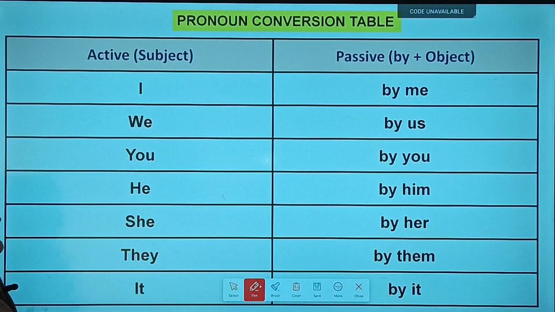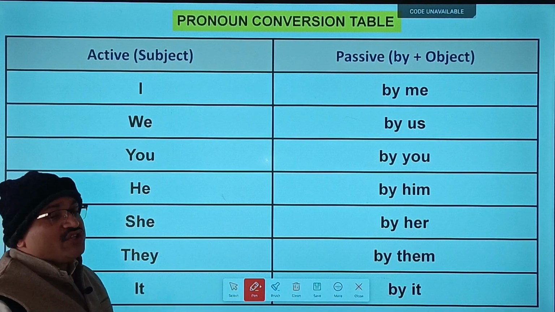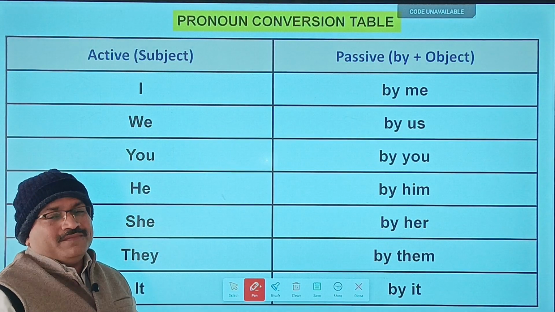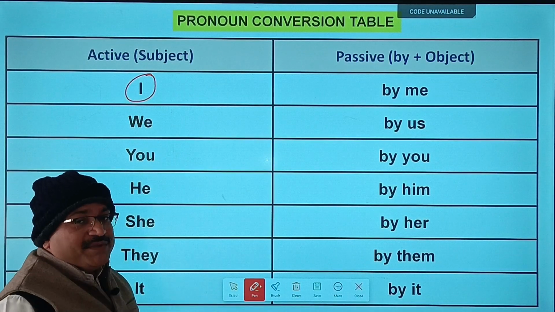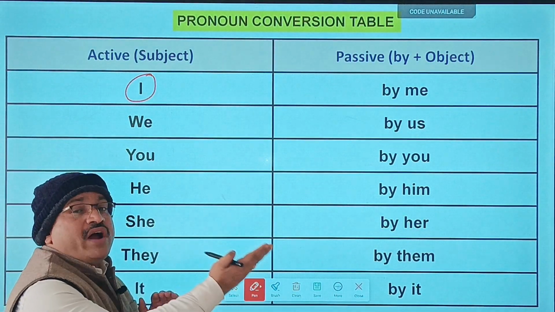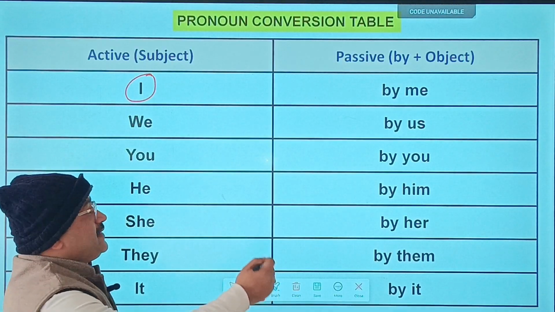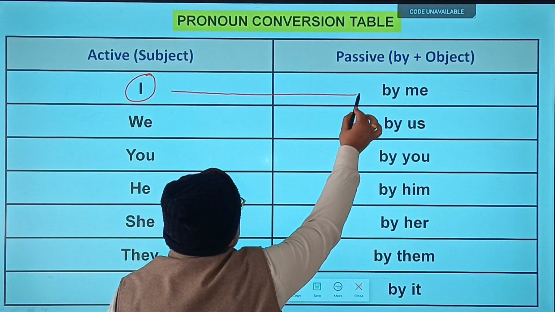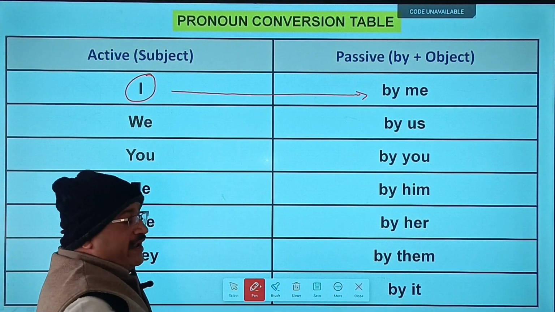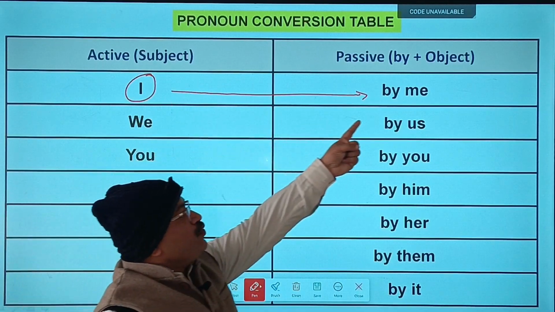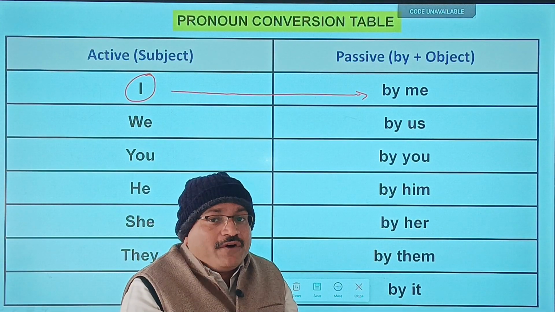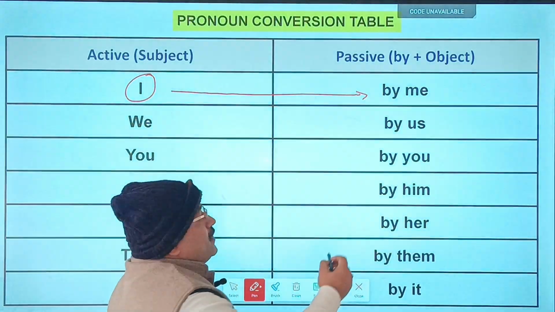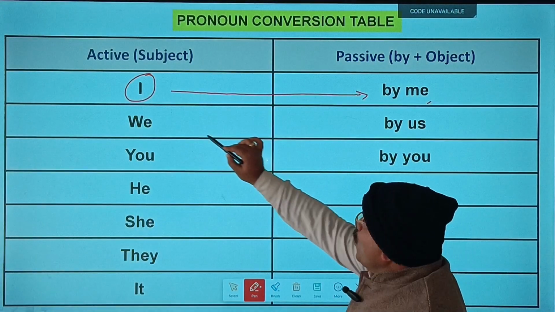Now, let us understand the pronoun conversion rule. Suppose I in the sentence is at the subject's place, and when it goes to the object's place, I will change into by me. Why? Because when I goes to the object's place, its form changes into the objective form, so I became me.